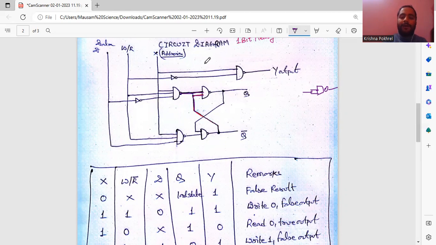We know that this is from the IC 7400 because there are two inputs here, 7400, 7400. We know that in 7400 there are four NAND gate compartments. We'll use only three compartments and leave the other. And here are three-input NAND gates. In the 7410 we have three compartments, so we'll leave one and take only two.